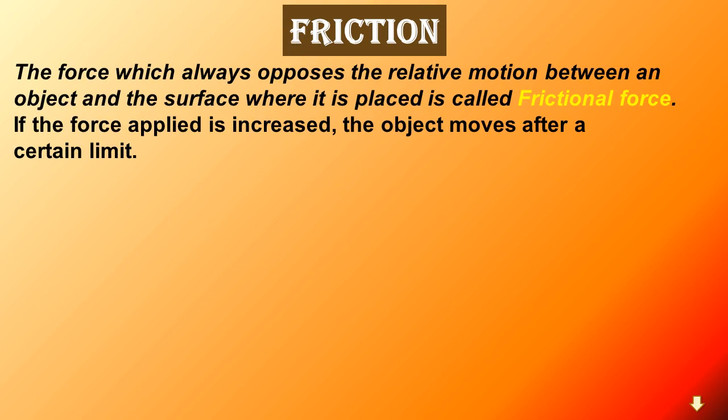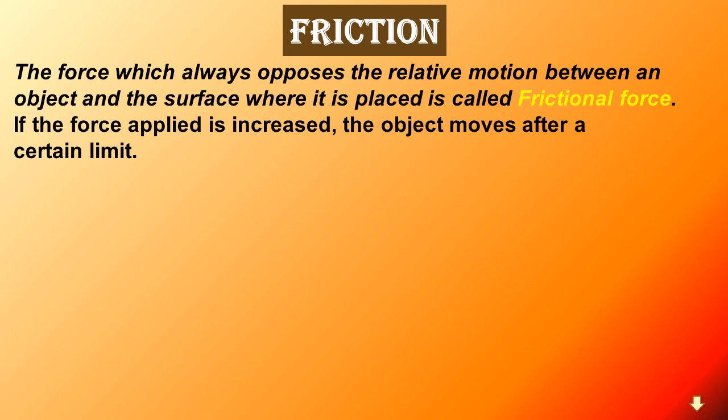Friction, the force which always opposes the relative motion between an object and the surface where it is placed, is called frictional force. See, if the applied force is increased, the object moves after a certain limit.